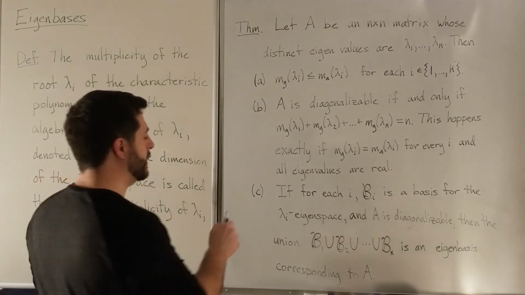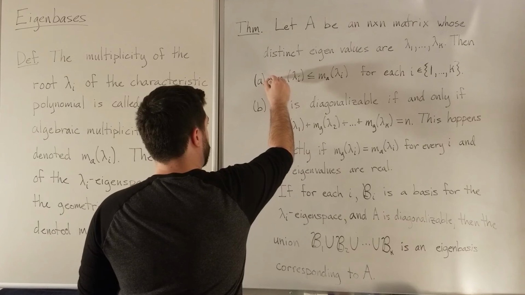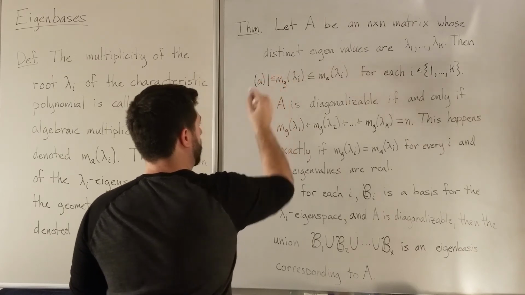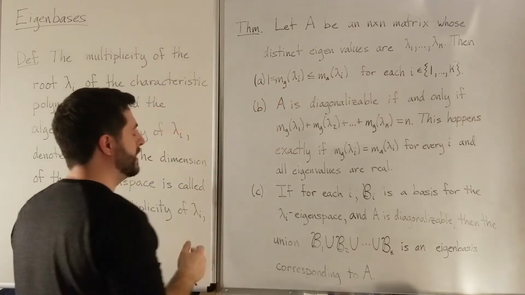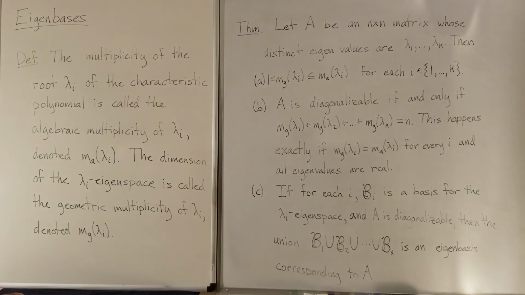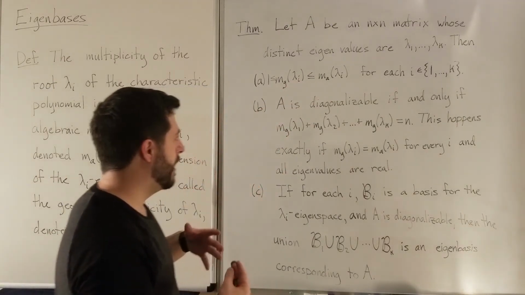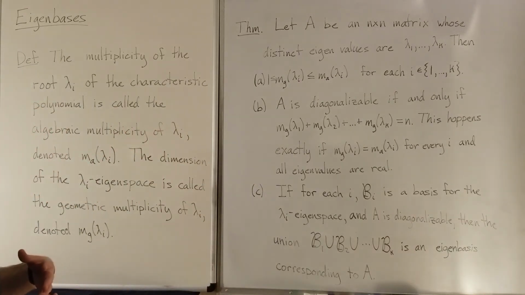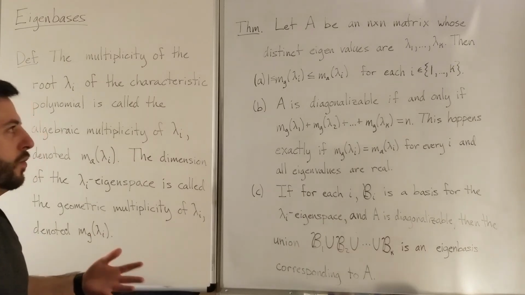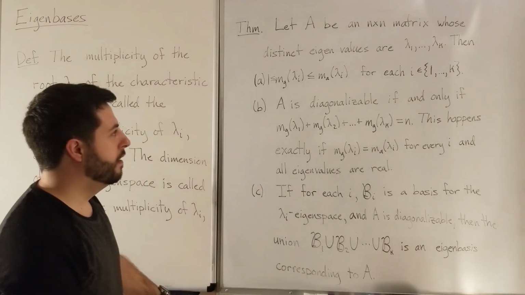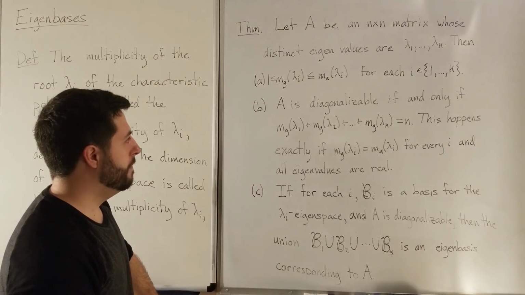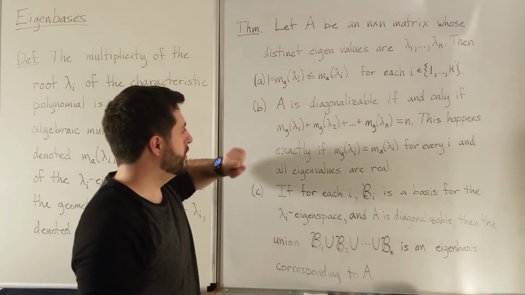I could also put in here that the geometric multiplicity is at least 1. Okay? Given that lambda I is actually an eigenvalue, then the dimension of the eigenspace has to be at least 1. Otherwise, lambda I wouldn't be an eigenvalue. Okay? So that's the first item.